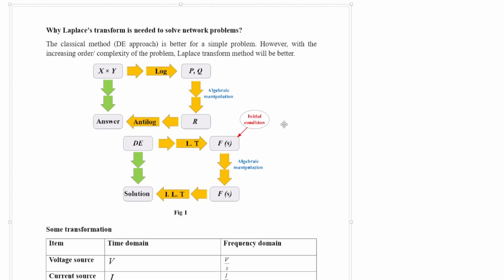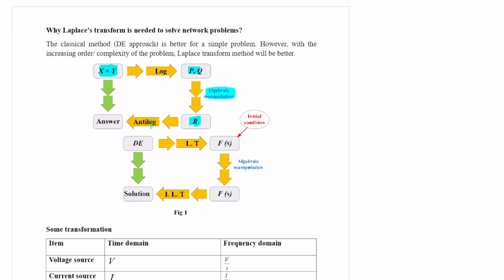Just you can see that if anything needs to be multiplied, x into y, first your calculator will calculate the log. Let us say they are p and q. Then the calculator will do some algebraic manipulation to get a new number r.